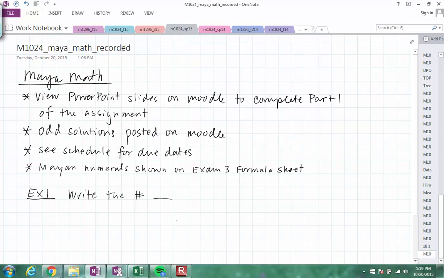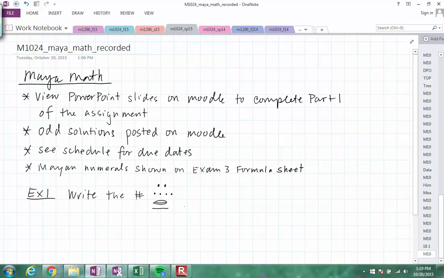So write the number, and then it's going to look different from the get-go. Here's the number in Mayan. You can see that I'm writing it from the bottom up, and it's like writing a number vertically, where we have the highest place value represented on the top and the lowest on the bottom.